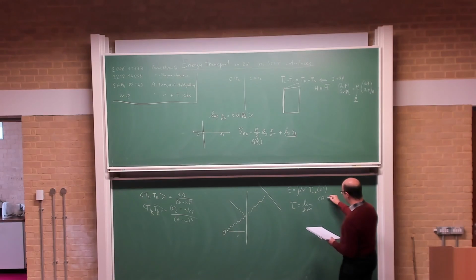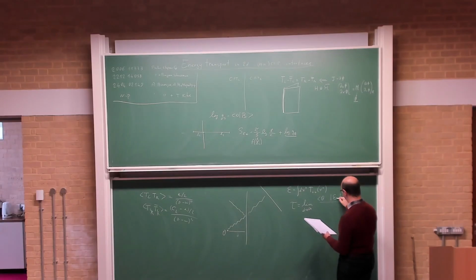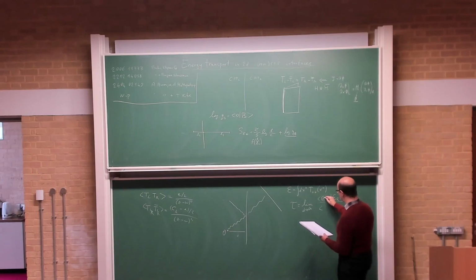So you take the VEV of this operator in the state created by this operator, and you divide it by the left one.